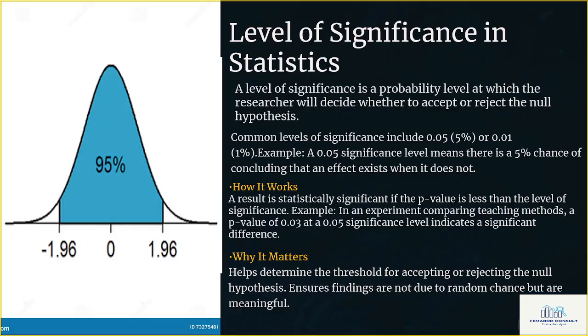Let me quickly emphasize that. If you do an experiment where you look at different teaching methods, and you are trying to compare teaching method A and teaching method B, you carry out a t-test, and from the t-test you take your level of significance to be 0.05, and the p-value is given as 0.03.